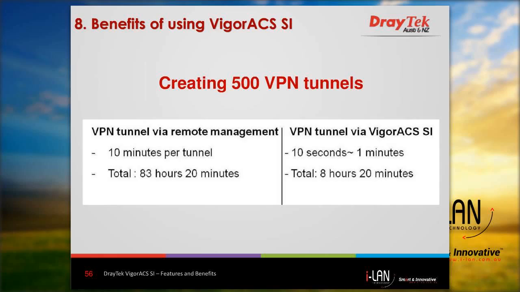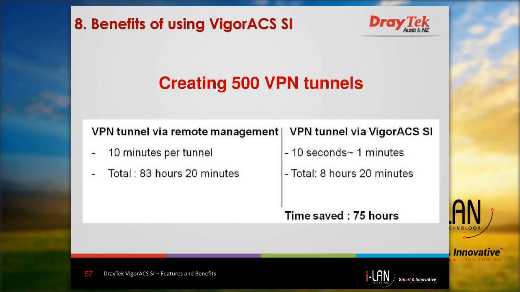So if we allow, say, 1 minute for each VPN to be created, it'll take about 8 hours and 20 minutes to create 500 VPN tunnels. This will give you a time saving of about 75 hours, which will reflect on costs as well.